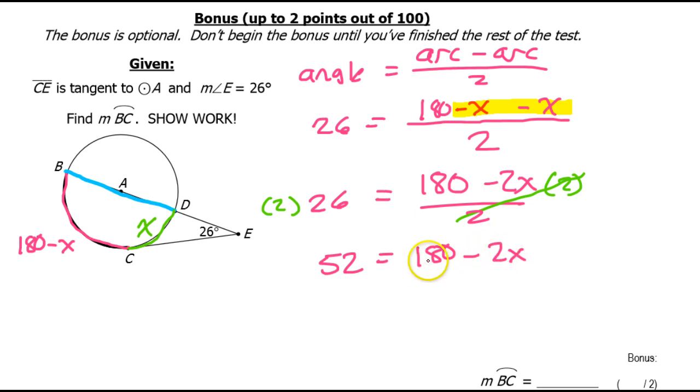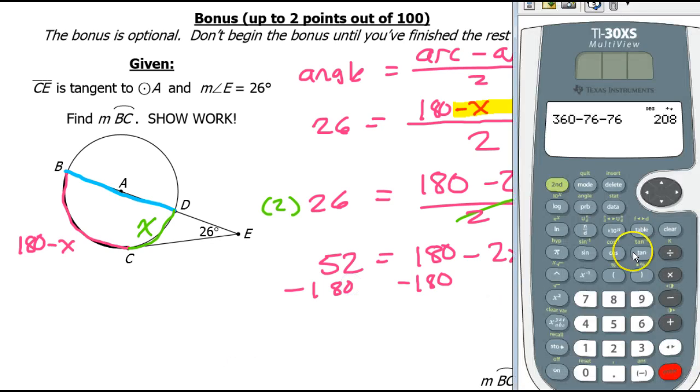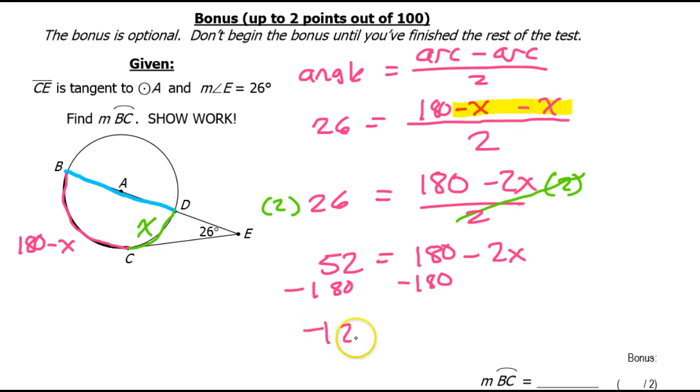So, trying to get x by itself, I'm going to subtract 180 from both sides. So that's negative 128 is equal to negative 2x.